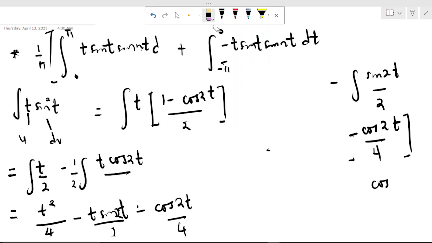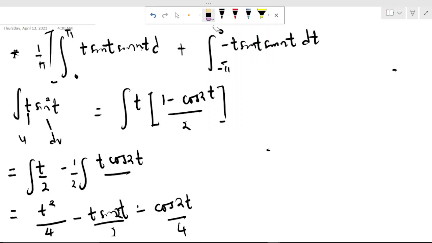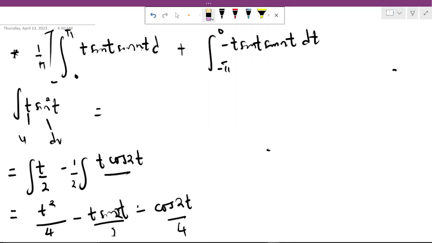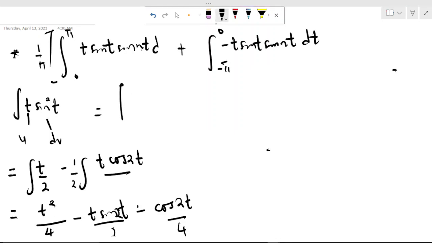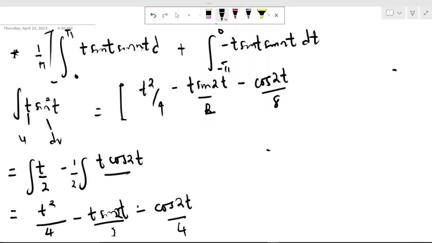So what we are saying here now is that the integral of t sine square t gives us t square over 4 minus t sine 2t over 2 minus cos 2t over, should be over 8, and this should be over 4. Why? We have 1/2 outside here.